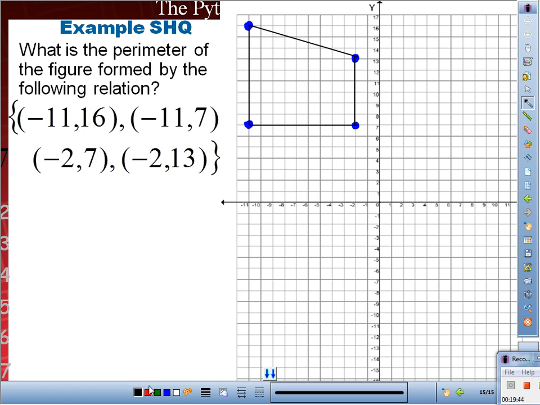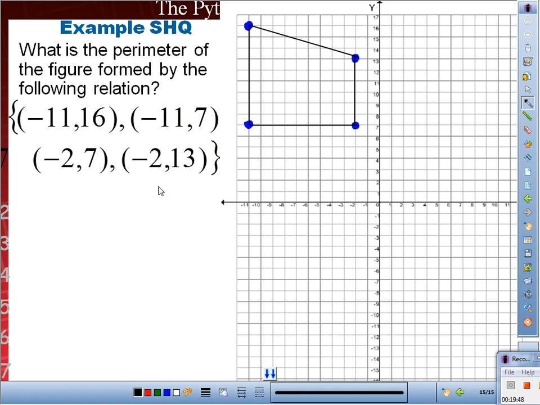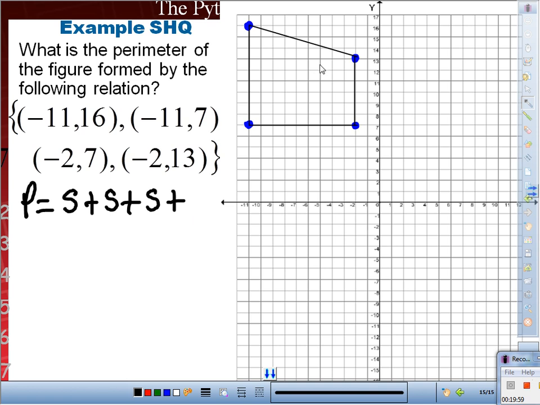So let's see. How do we find the perimeter of any figure? Side plus side plus side plus, in this case, how many sides? 4 sides. Okay. So that means we need to label our sides. What does it measure from here to here? Count it, please.